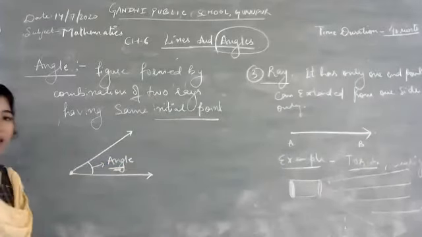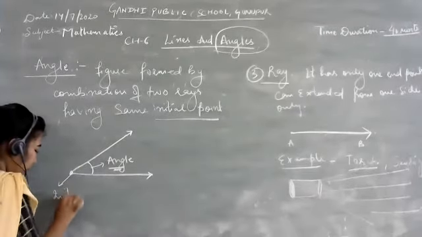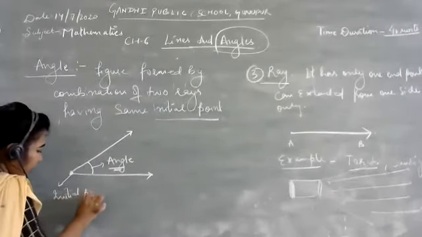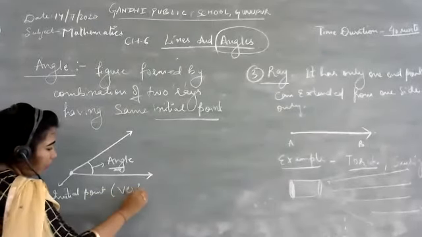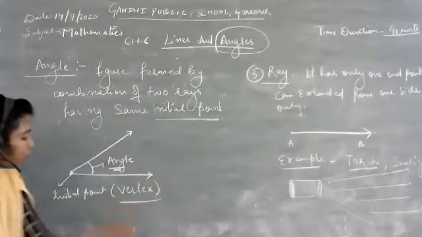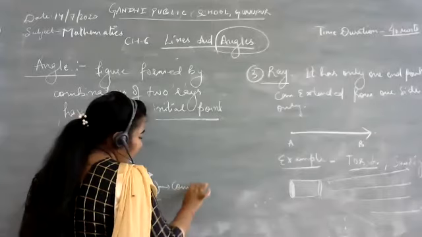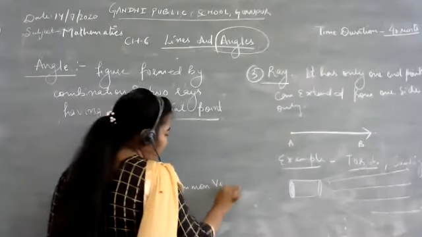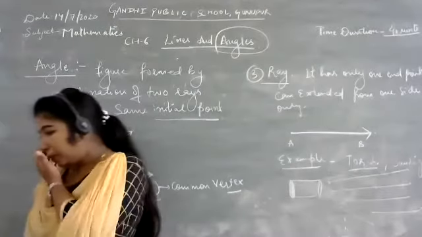This initial point is also called the vertex, or you can say the common vertex.